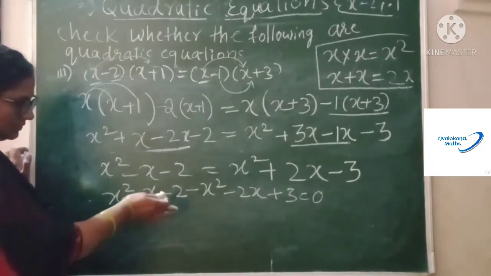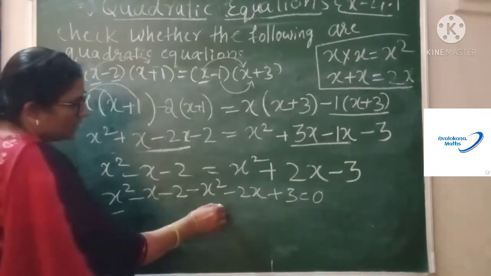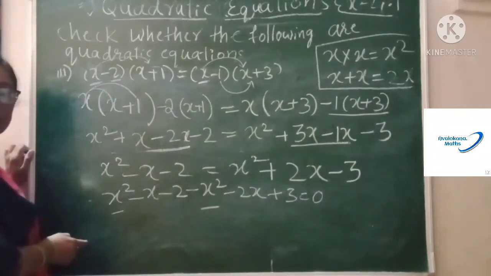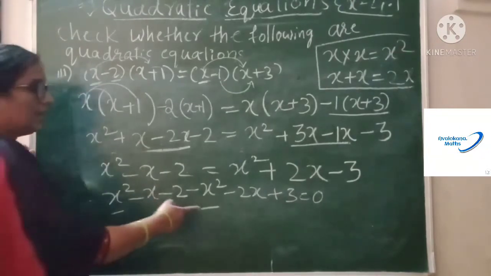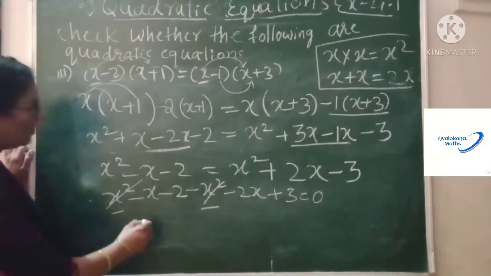Now we will see the terms which get cancelled, which get added, which get subtracted, and all those things now. So you have here x square term and here also x square term, but with different sign. That is, here it is plus x square and this is minus x square. They get cancelled. Now what remains here?